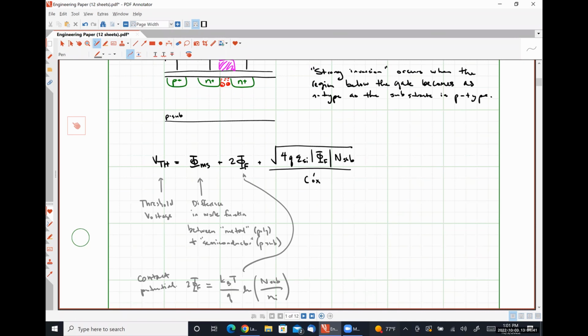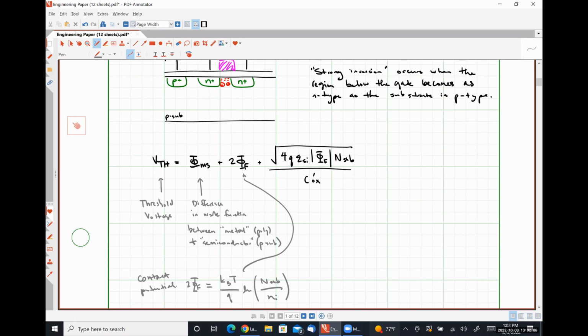So what we have on the right-hand side is this big thing under a square root sign divided by capacitance. Because it's added to voltages, that total thing must represent a voltage as well. So if we have voltage equal to something over capacitance, what does that something have to be?